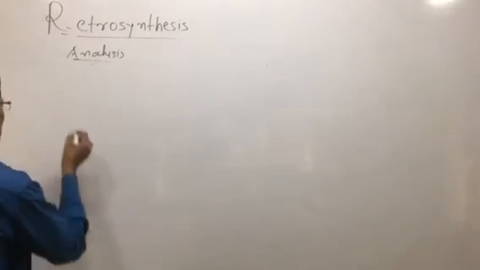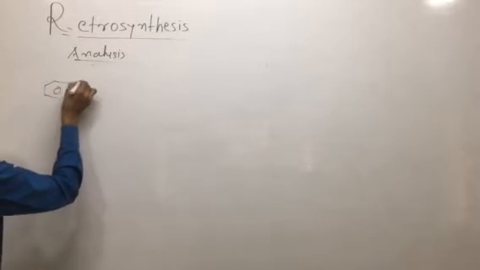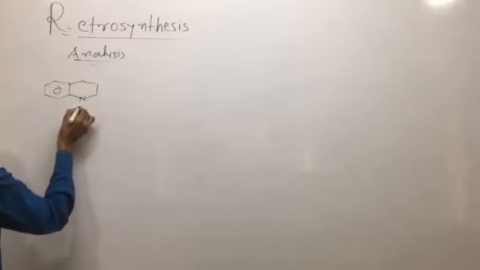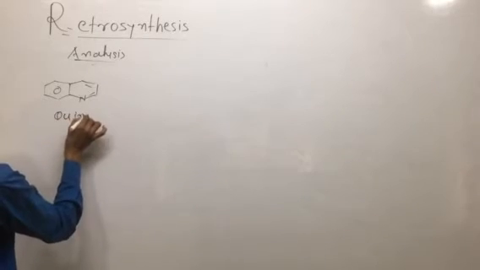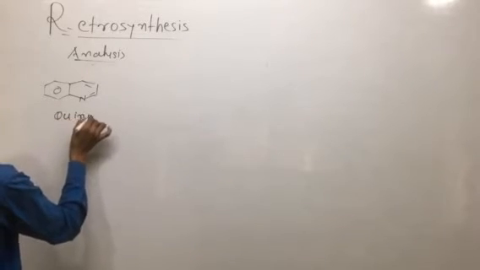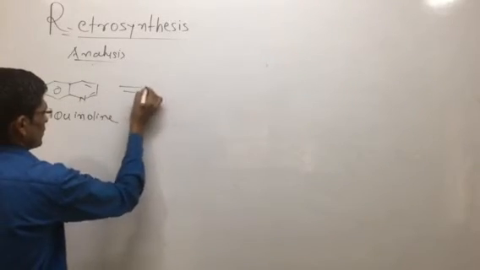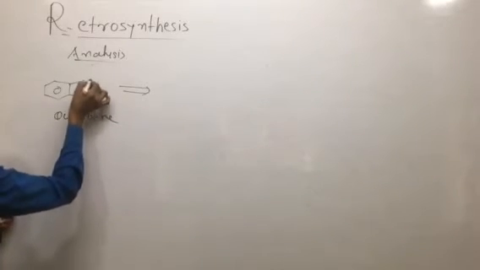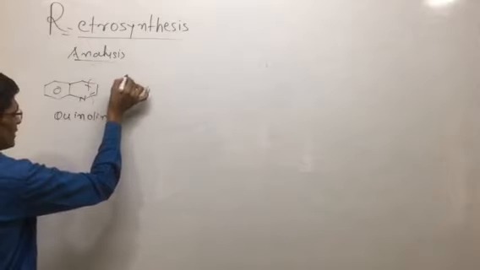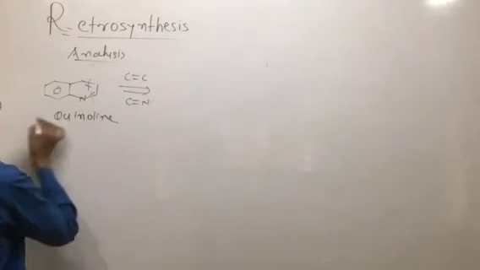If we have another target molecule, a six-membered fused heterocyclic compound containing nitrogen, this is known as the quinoline molecule. For the analysis, we disconnect the CN bond as well as the CC bond, one time: CC as well as the C double bond N disconnection.